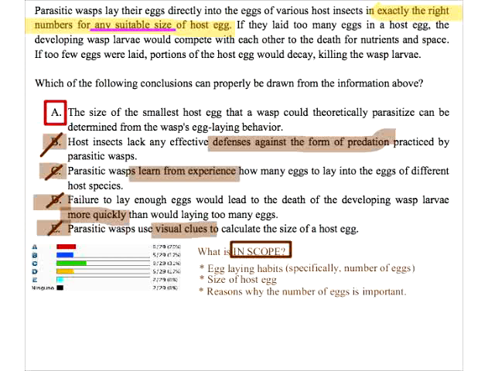In other words, what the passage is saying is that you have some sort of perfect correlation between egg number and host egg size. So you just have to watch the behavior of the insect and see where that goes to 0. And then you won't be able to parasitize anything smaller than that.